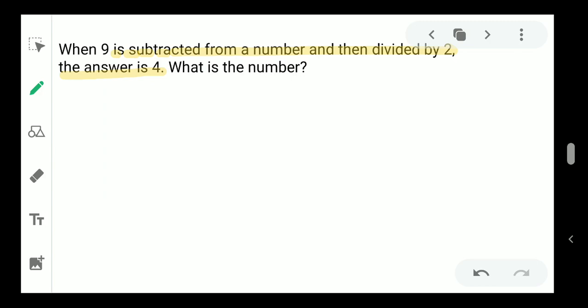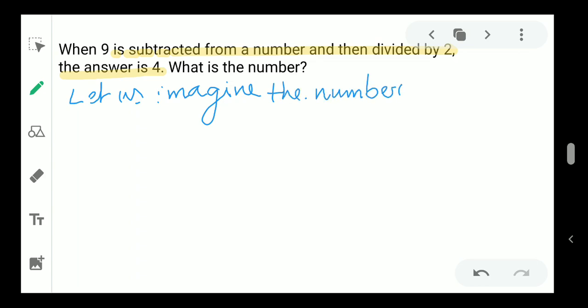The first thing we will do, let us imagine the number is, let's say, P. Now for P we will apply this condition.